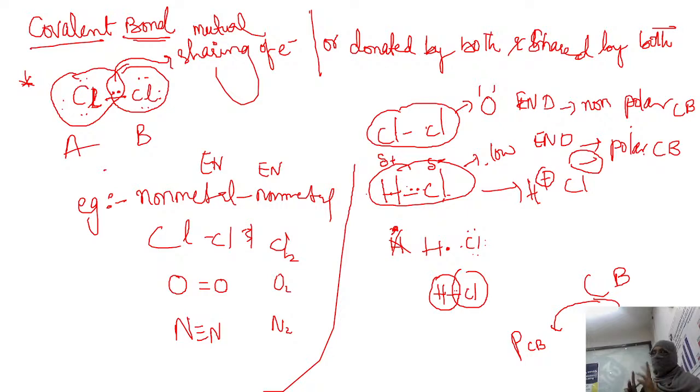Polar means they will have some charges, positive and negative. Non-polar means no charges, as they have a low electronegativity difference. Low electronegativity difference means no gaining or losing of electrons. Hope it is cleared. If it is not, please let me know in the chat box, or even after watching this video, you can come back to it.